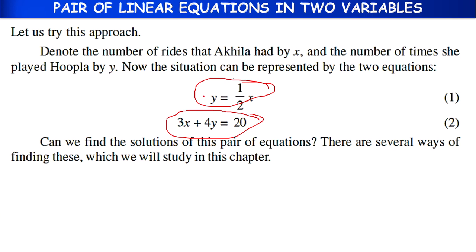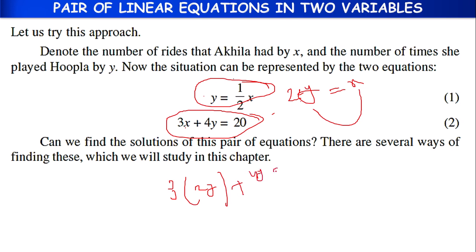We can write the first equation as 2y equals x. Means in the place of x, we can substitute 2y. So here, 3 in the place of x, we can keep 2y, plus 4y equals 20. 3 into 2y is 6y, plus 4y equals 20. 6y plus 4y is 10y equals 20.